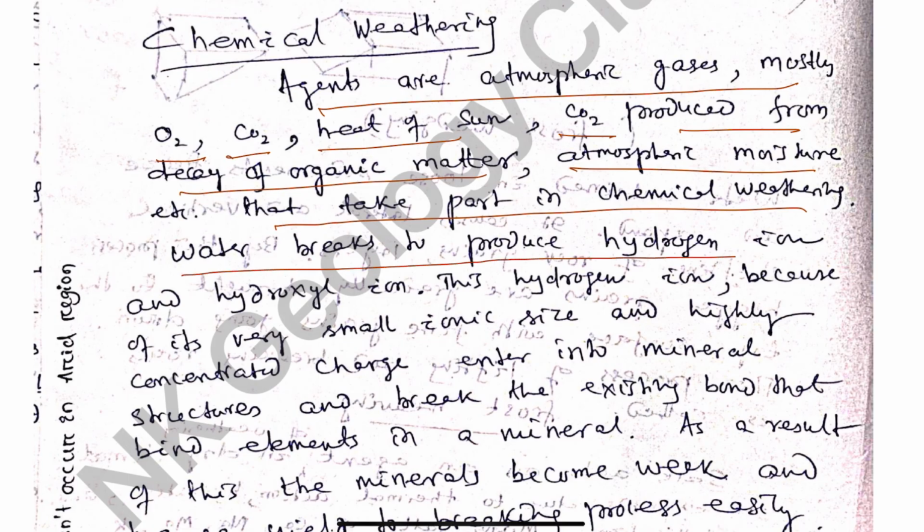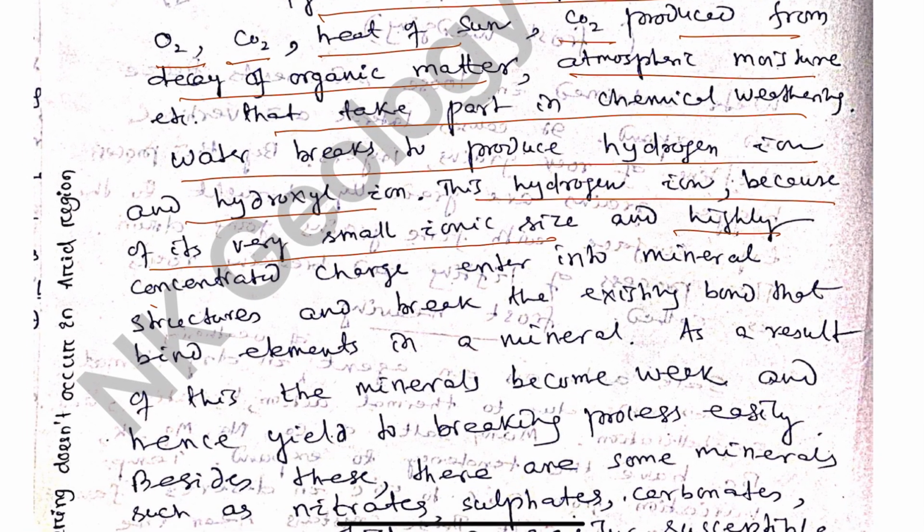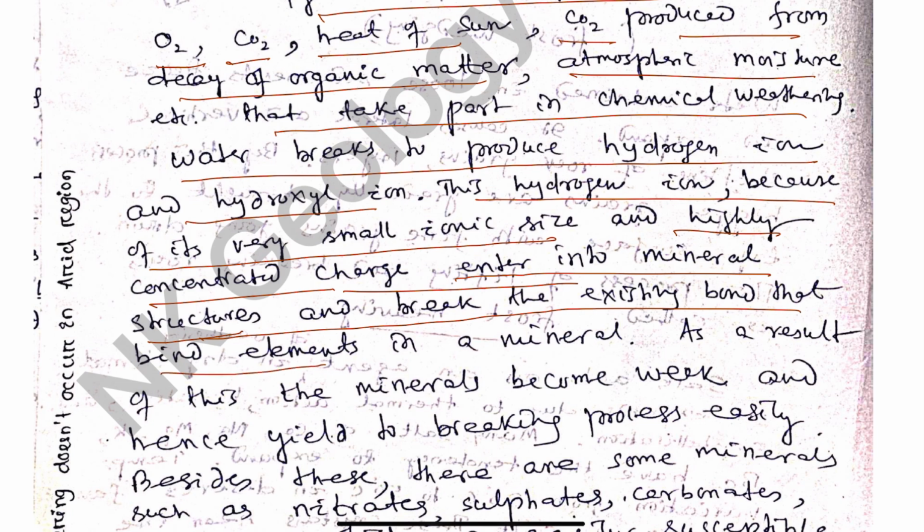Water breaks to produce hydrogen ion and hydroxyl ion. This hydrogen ion, because of its very small ionic size and highly concentrated charge, enters into the mineral structures easily. It breaks the bonds existing in the elements.